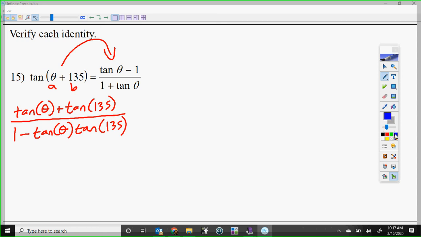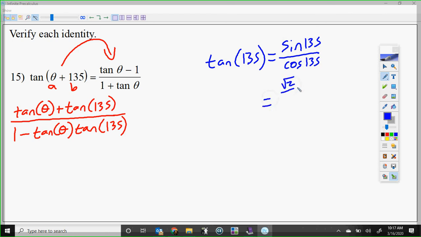Cosine is negative square root of 2 over 2, and sine's positive. So tangent of 135 is equal to sine of 135 over cosine of 135. On my unit circle, that's square root of 2 over 2 over negative square root of 2 over 2. Whenever I have a number divided by itself, the answer is 1, and a positive divided by a negative is a negative. So tangent of 135 is just negative 1.